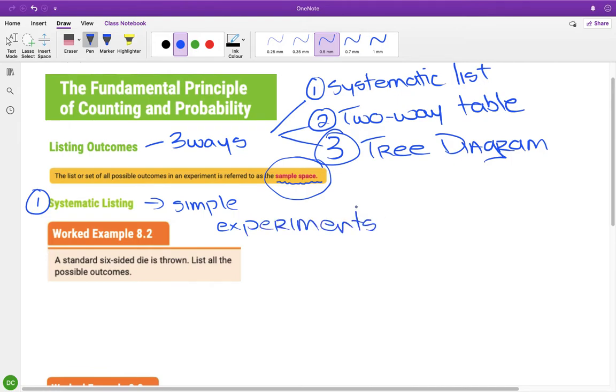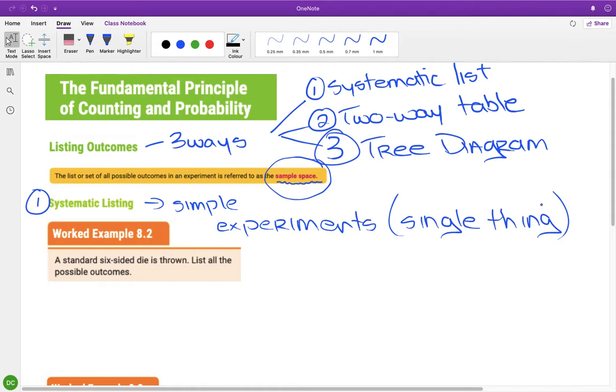Essentially it's normally a single thing that you're trying to list the outcomes for. So sometimes you'll be asked about listing the outcomes for flipping a coin 3 times. Okay, so that's 3 different coins. That makes it complicated. Or rolling a dice twice.